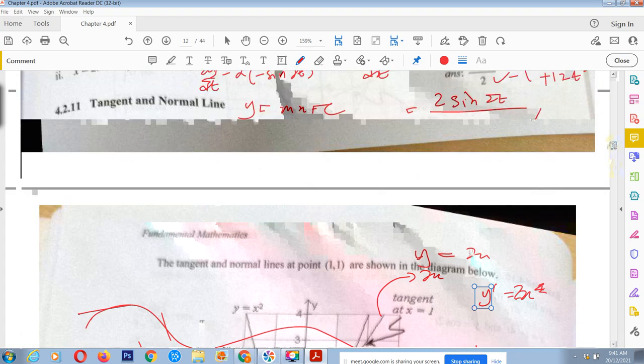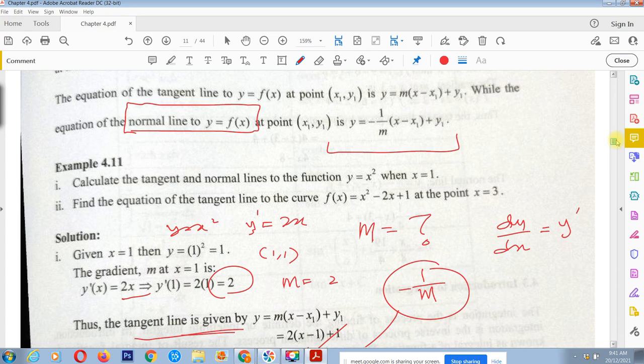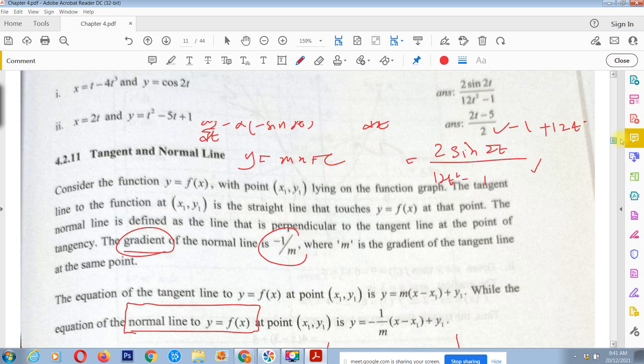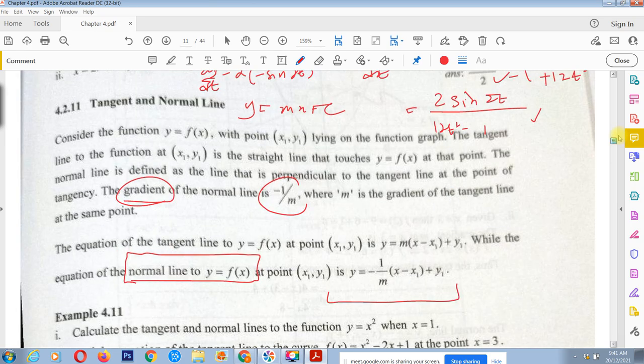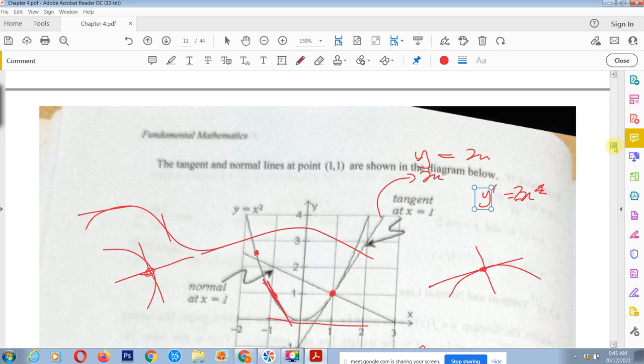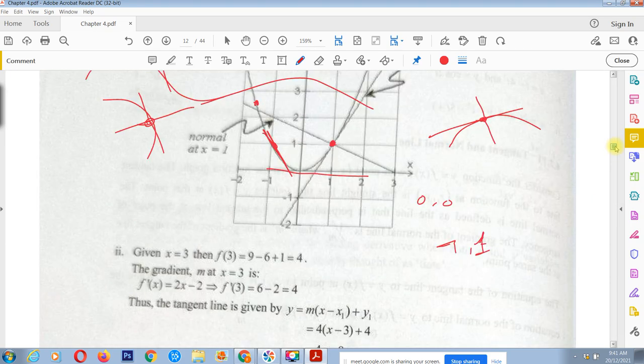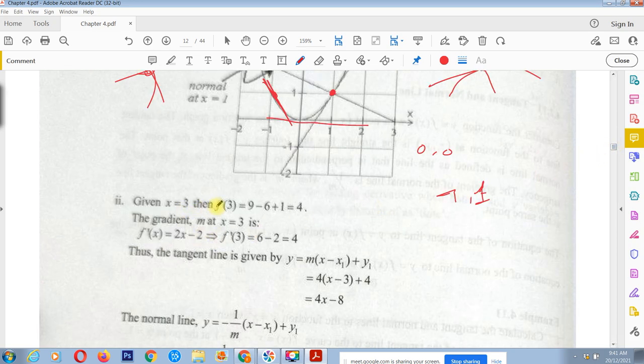Okay, and then we have another question. Find the equation of the tangent line at the point. So we get a general point here. What should we do here? We get x equals 3, f'(3), so the gradient of the tangent line is 4. So we just put 4 here.